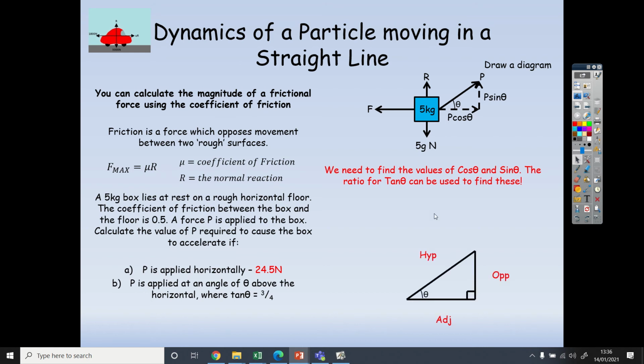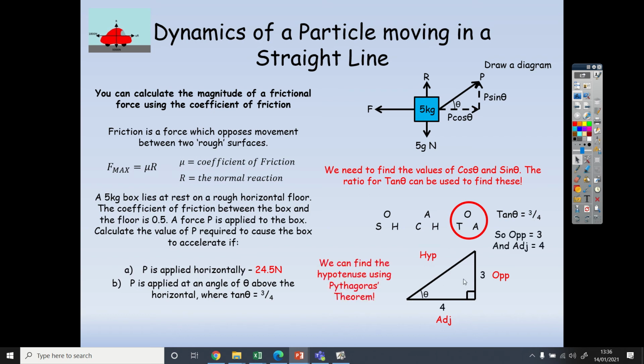So if you think about a right angle triangle, you've got your theta down there. We know that tan theta is 3/4, and that's opposite over adjacent, so we can fill in the opposite and adjacent with 3 and 4. And then from Pythagoras, we can easily get the hypotenuse, and you should recognize that as a 3, 4, 5 triangle.